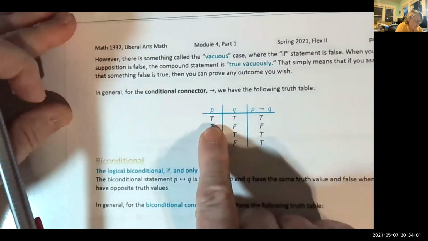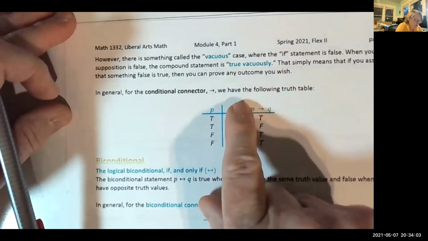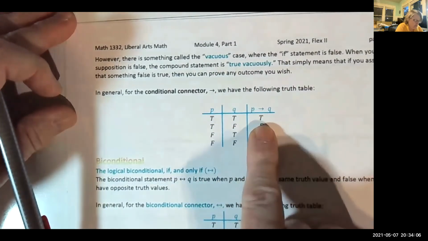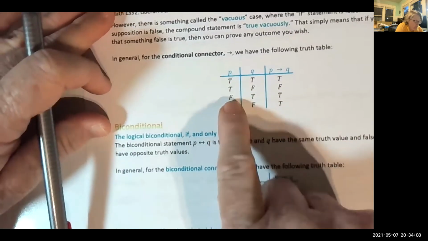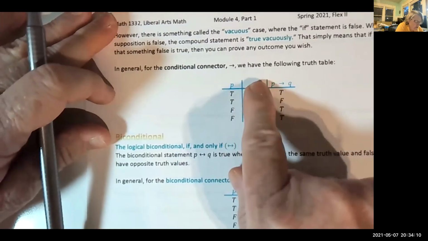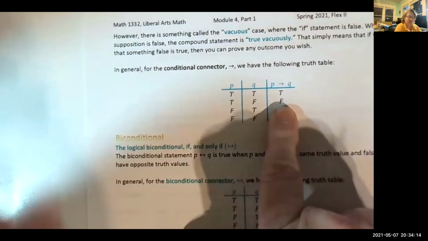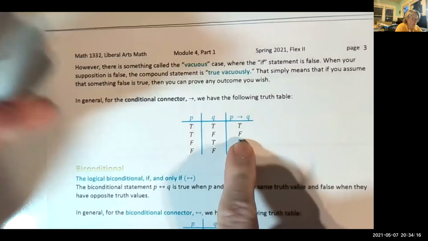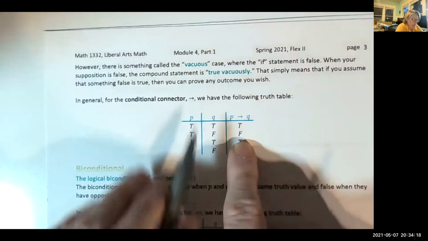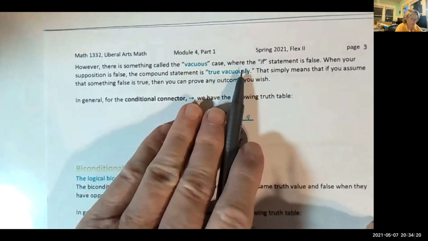If P is true and Q is true, then the outcome is true. If P is true and Q is false, the outcome is false. However, there's something a little bit weird that happens here. It's called true vacuously.